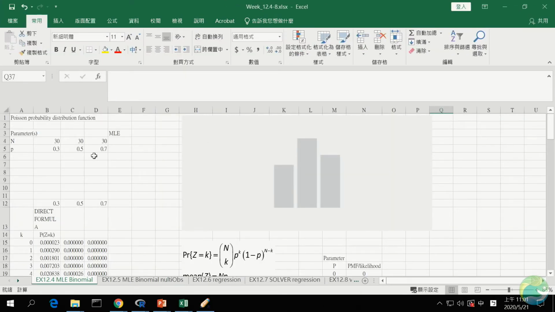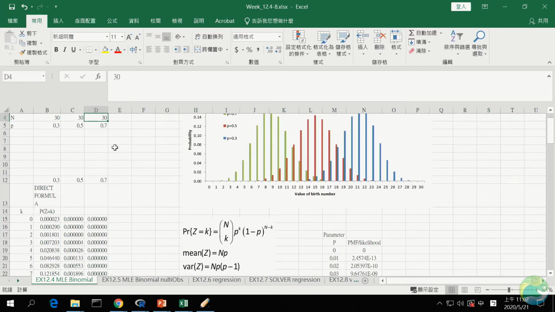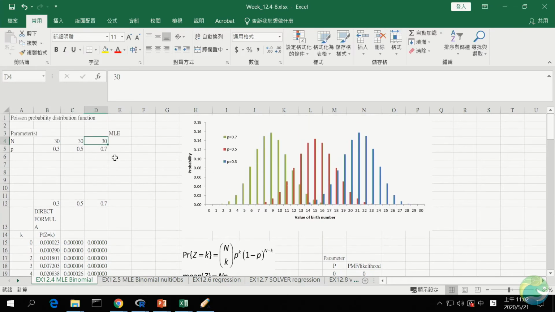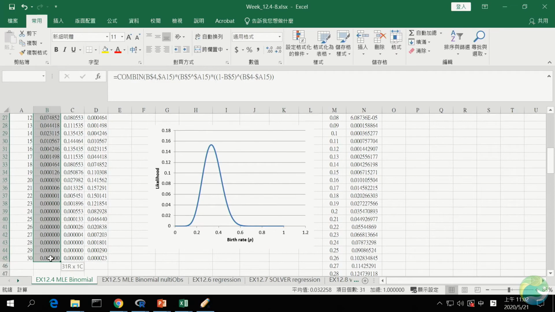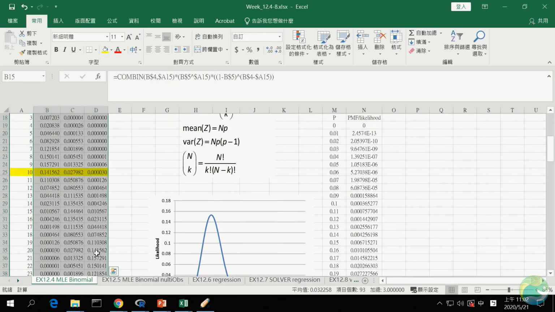We have the parameters set up here: 30, fixed. What we want to know is the p value, 0.3, 0.5, or 0.7. Given these two parameters, we have the likelihood for each possible outcome.